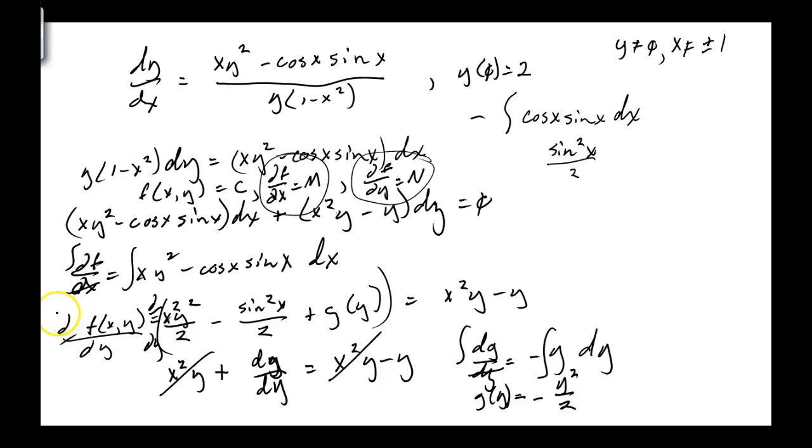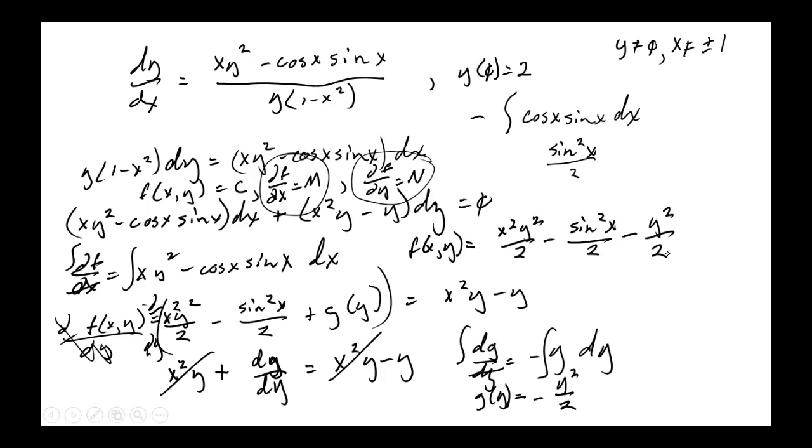Now this is before we did the d by dy. Okay? So here we go. F of x, y is equal to x squared y squared over 2 minus sine squared x over 2 minus, because it's plushy, y squared over 2.